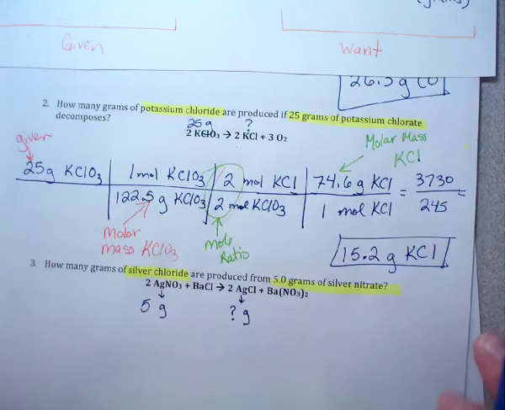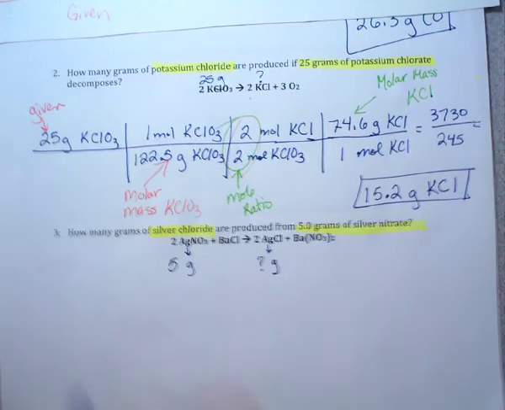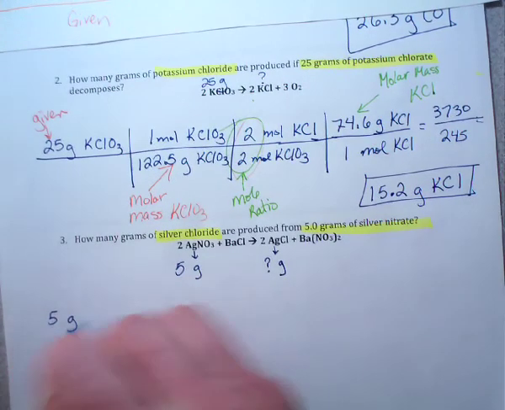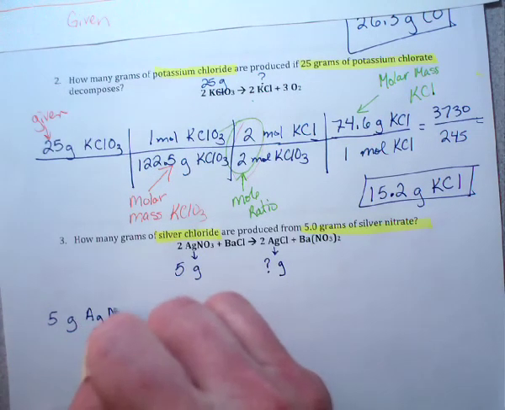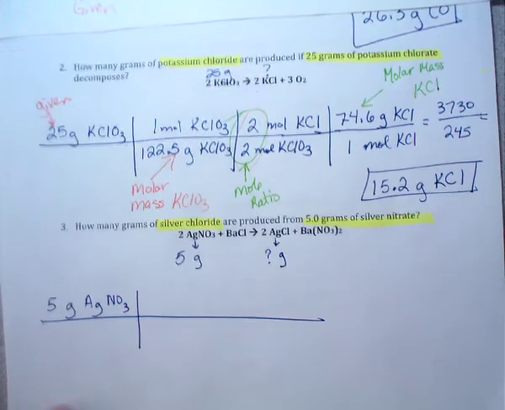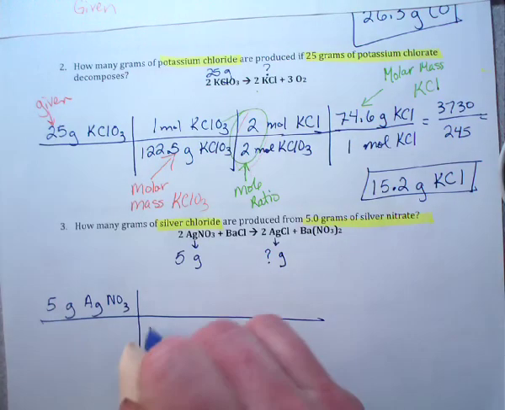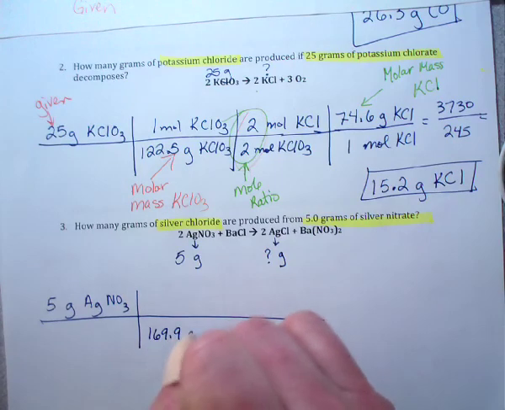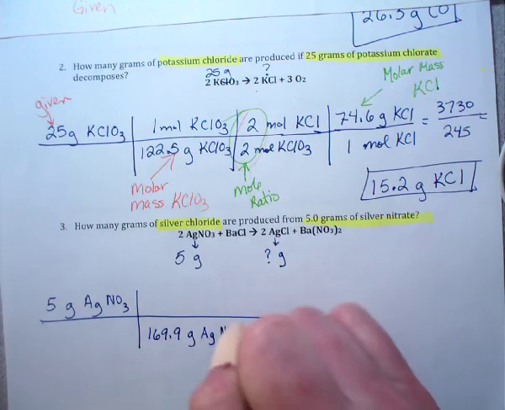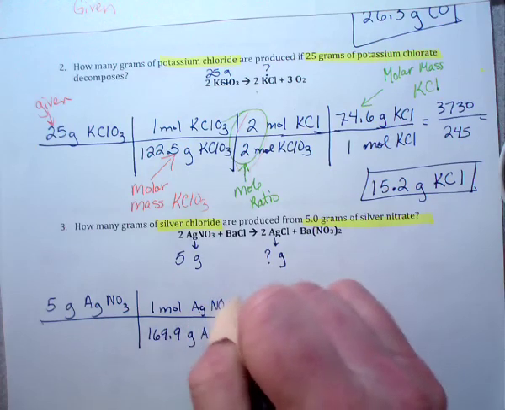I'll start by writing down my given, which was 5 grams of silver nitrate. Then I need to find the molar mass of silver nitrate, which is 169.9 grams of silver nitrate in 1 mole of silver nitrate.